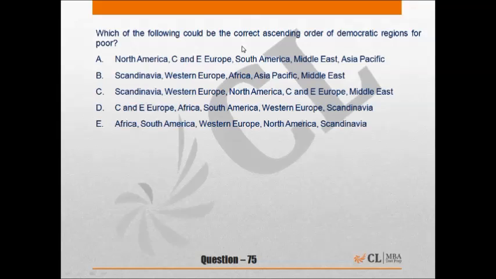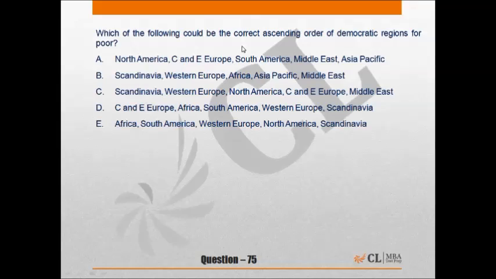So we do not have to check the order of all the 8 regions according to democracy prevalent in them for poor. Rather, we have to check options, as it can be seen that none of the options has all the 8 regions.